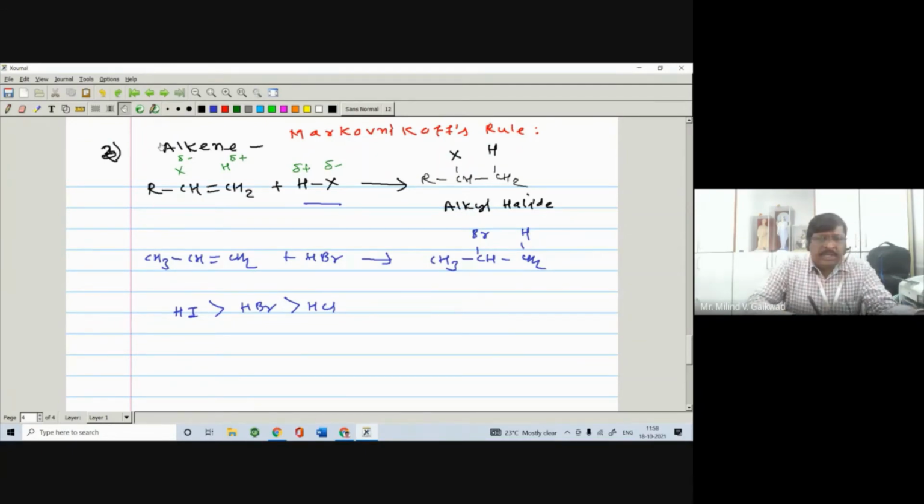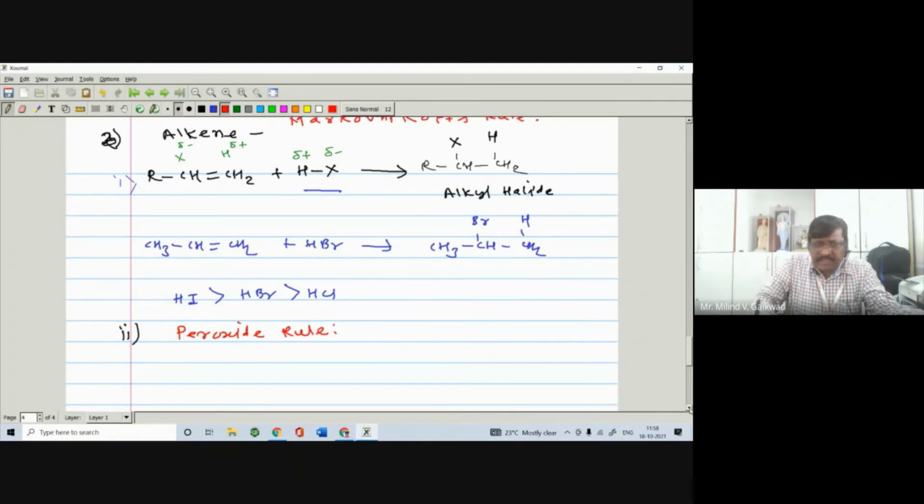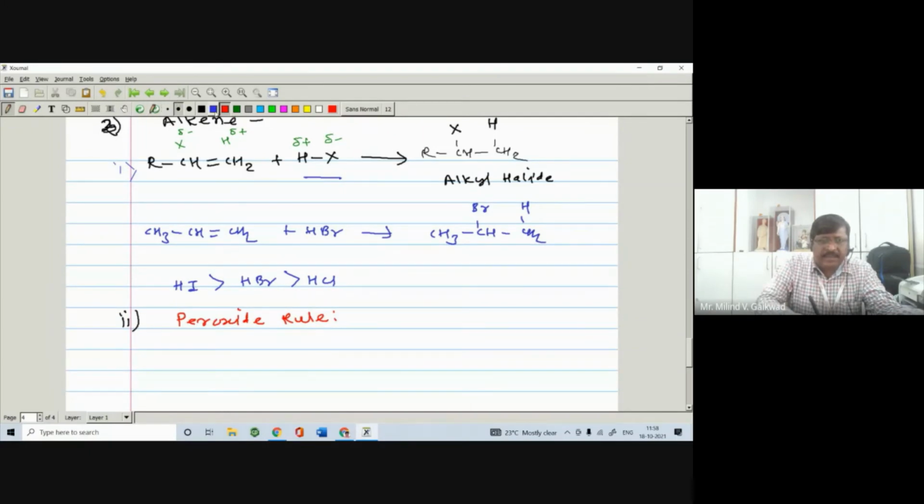So if the same reaction is carried out in the presence of peroxide, it is called the peroxide rule. The same alkene, we can take the same reaction.